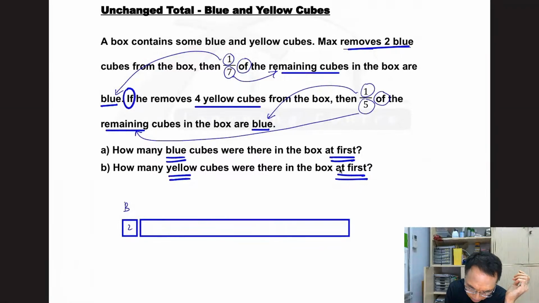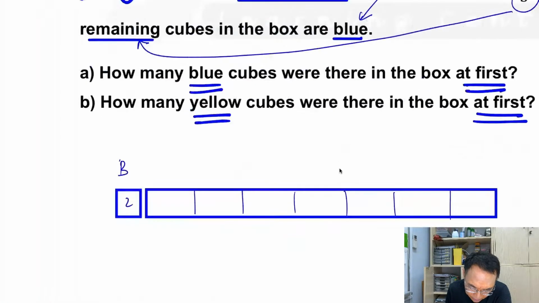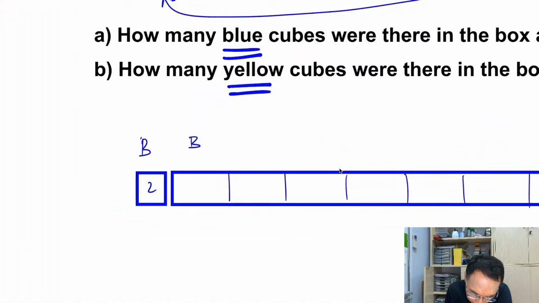Okay, maybe let me redo that a little bit. 1, 2, 3, 4, 5, 6, 7. Okay, so of these 7 units, 1 of them is blue. So I'm going to label that blue left.